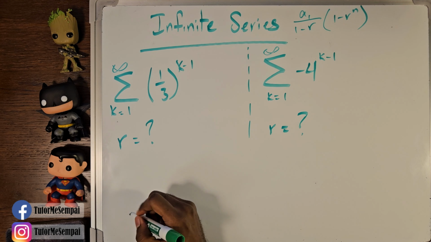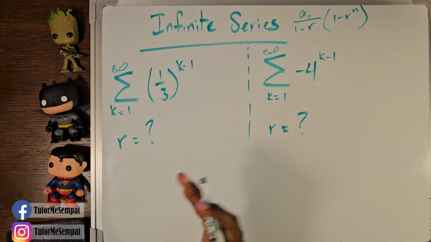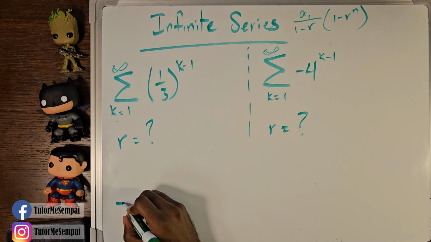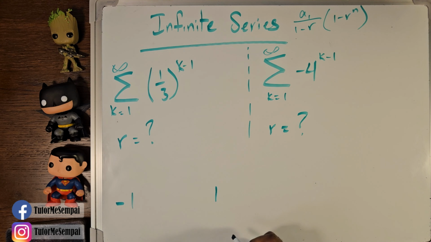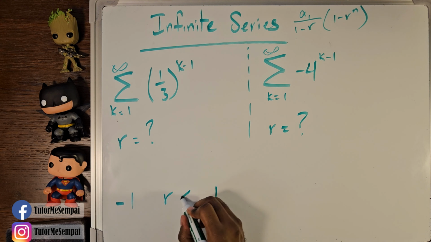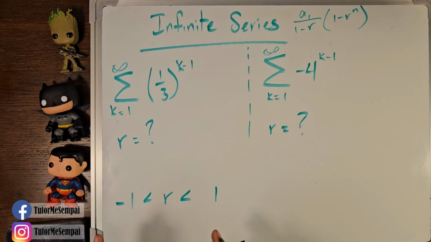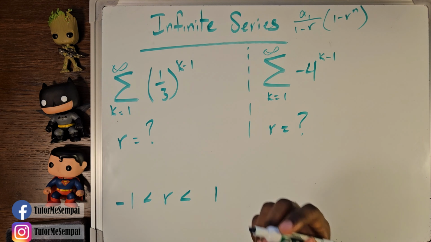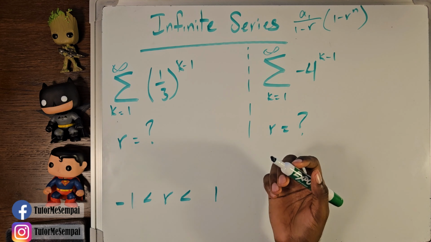So we want to make sure that on both sides of your 0, so from -1 to 1, our r stays directly in there. We can't go past these cutoffs here. We can't go past -1. We can't go past 1. We have to stay in between. If we do that, our r is going to force our series to converge.